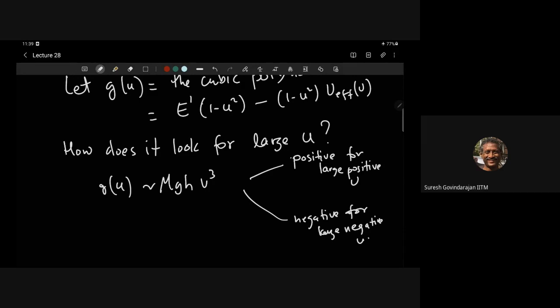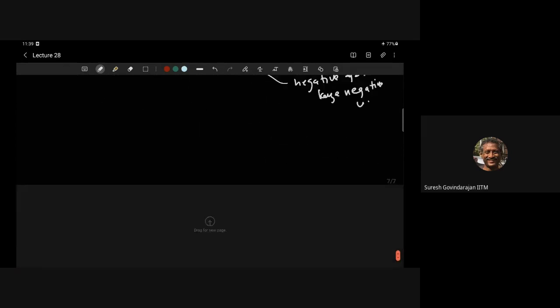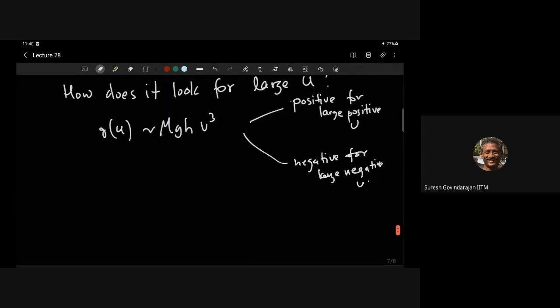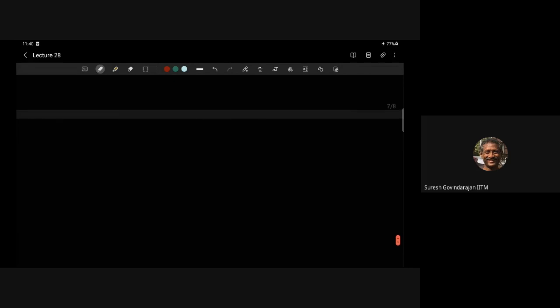Okay, so let me just draw some picture now. Let's draw some axes first.